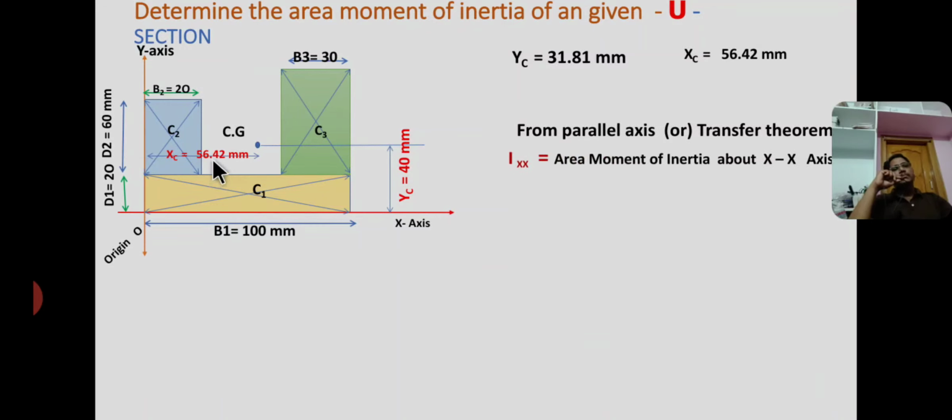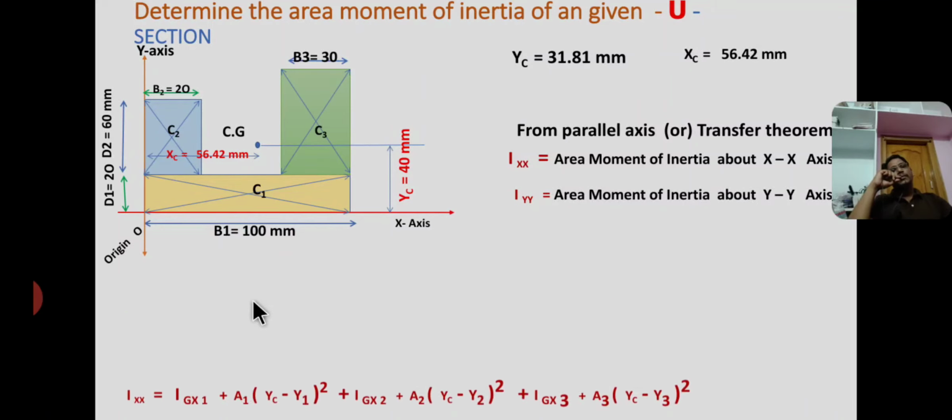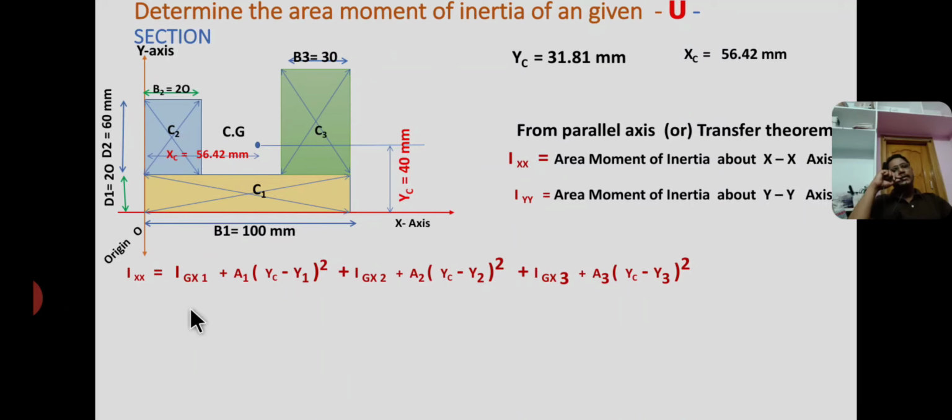From parallel axis theorem, Ixx equal to area moment of inertia about base, that is x axis, and Iyy is the area moment of inertia about y axis. From general formulas, Ixx equal to Igx1 plus area 1 into yc minus y1 whole square plus Igx2 plus area 2 into yc minus y2 whole square plus Igx3 plus area 3 into yc minus y3 whole square, and substitute all values in this formula.